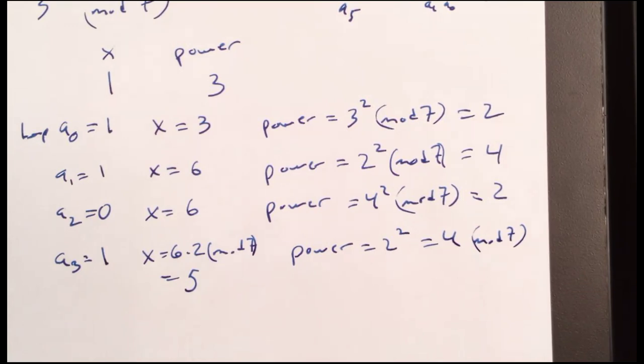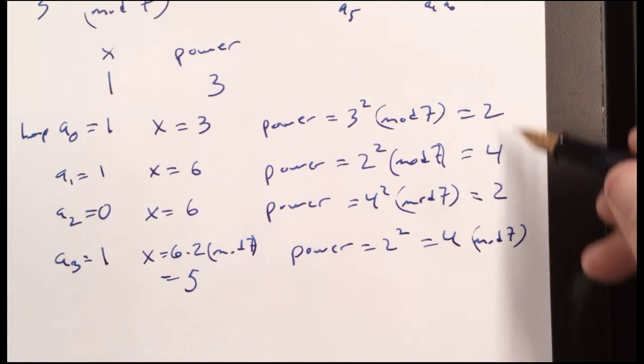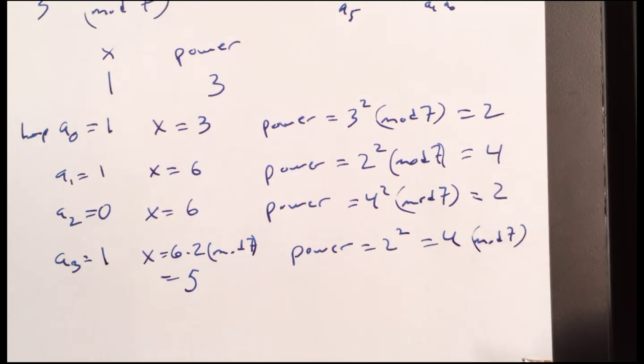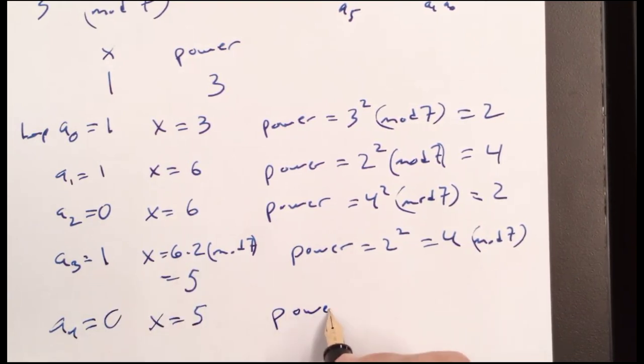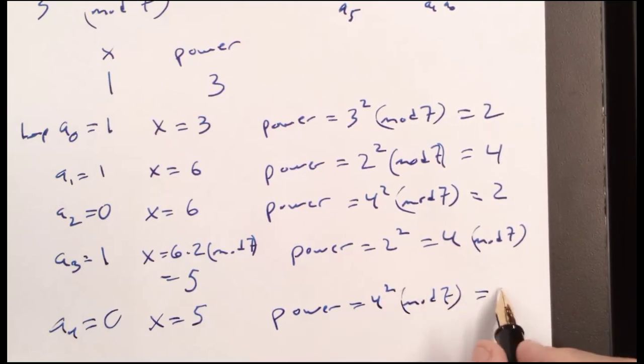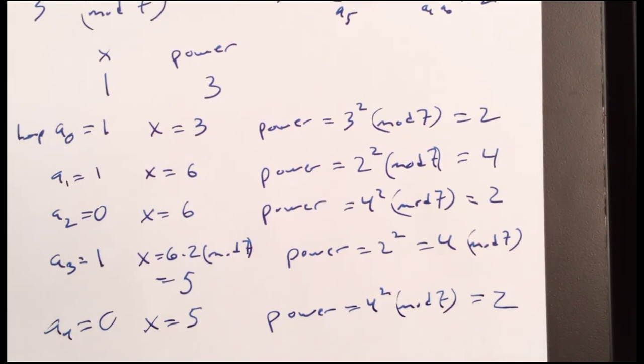I noticed something really nice. I'm going to keep bouncing back between 2 and 4 here, aren't I? That's convenient. This problem is rigged. A4. What's A4? That means I don't change x, but I do square power. What's A5?